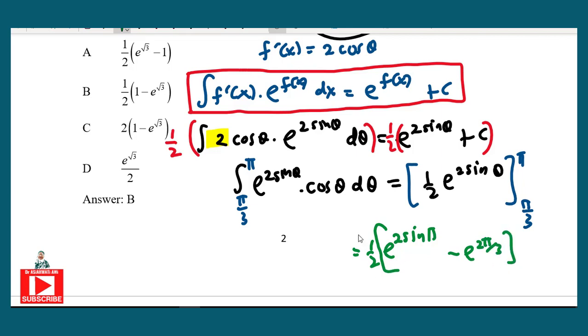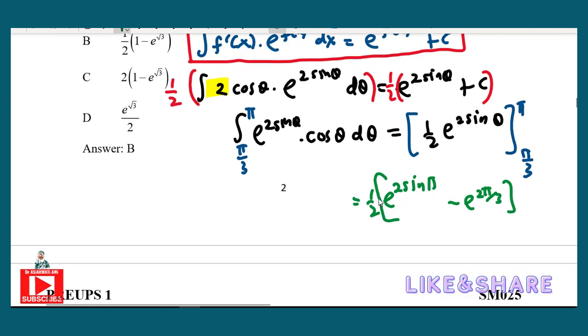You can use a calculator. Sin pi is equal to 0, so e power 0 is equal to 1. Minus, then 2 pi over 3.